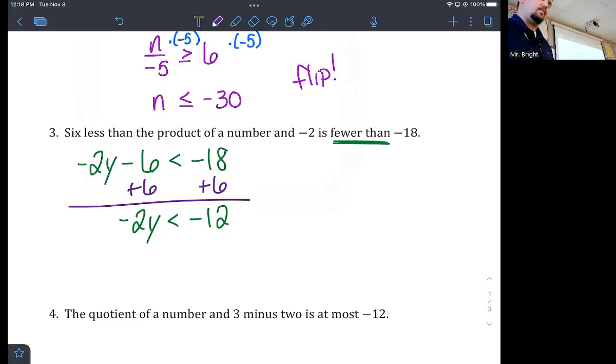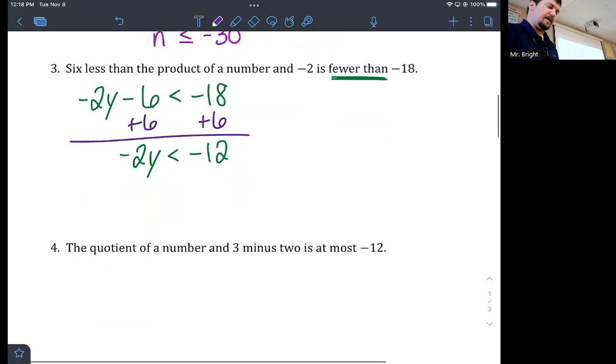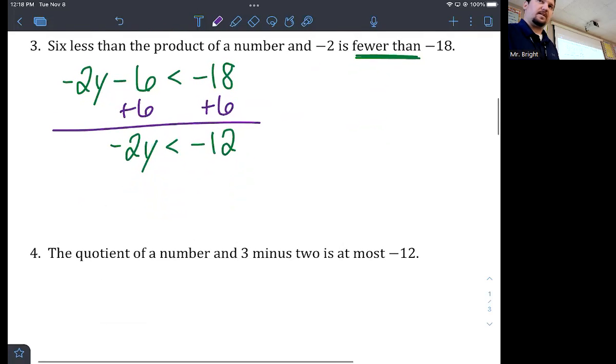Help her out, Chloe. What's the -2 doing to the y right now? Not adding. They'd put a plus sign if it was adding. Not subtracting. Not dividing. What's product mean? Multiplying. Yeah, that -2 is being multiplied to the y.